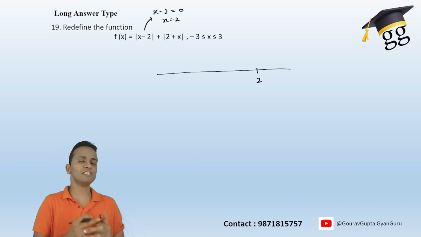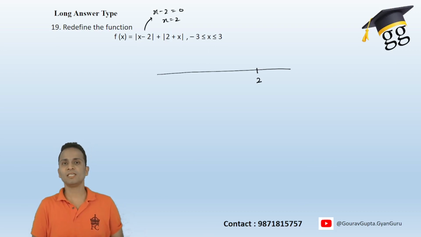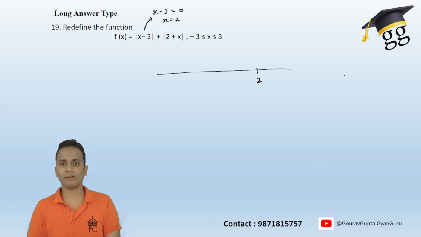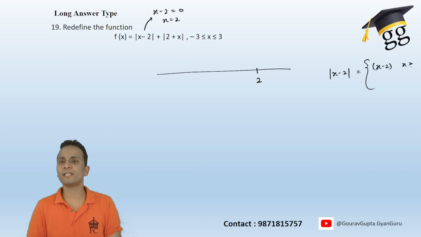But on the left hand side of this point, the value of modulus of x minus 2 will be negative of x minus 2, right? Negative of x minus 2. So I'll write it here. So modulus of x minus 2 will be defined as x minus 2 when x is greater than equal to 2, and it will be defined as negative of x minus 2 when x is less than 2.